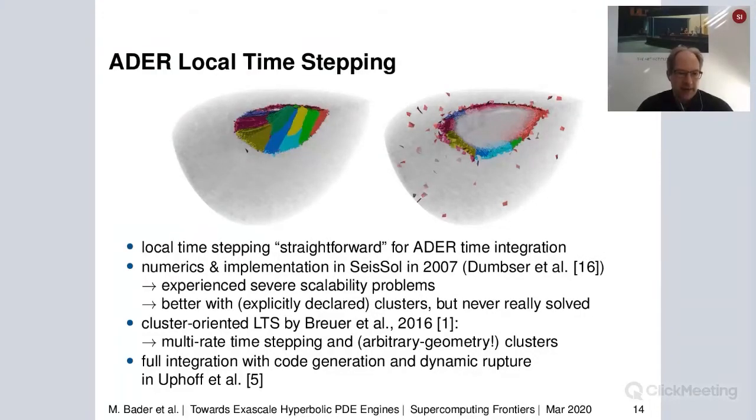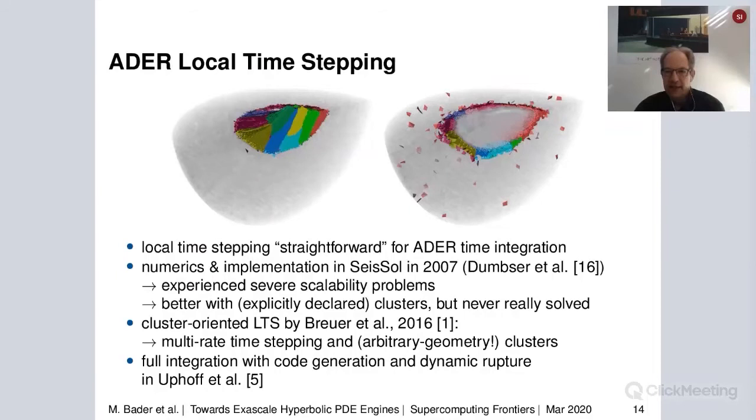So the first big success here was in 2017 when Alexander Breuer introduced a cluster-oriented local time stepping, and clusters here really are illustrated in the top pictures. They are not necessarily compact clusters, but especially in the right picture, there can be stray elements with, for example, very small time steps that can be located all over your domain.